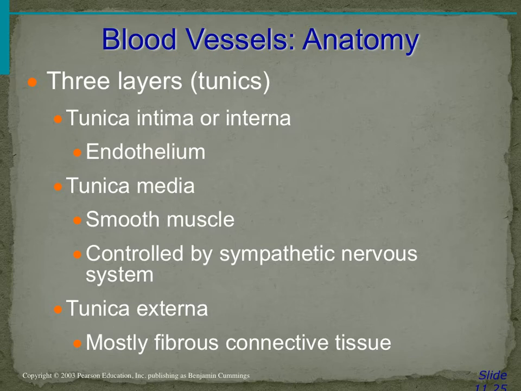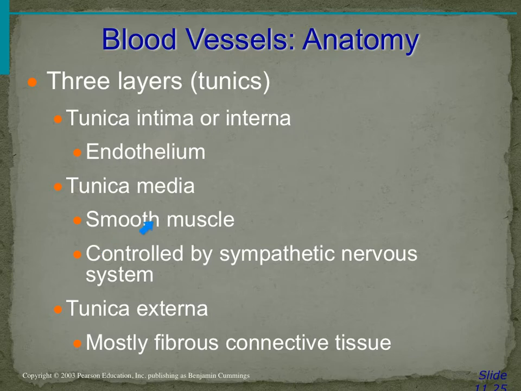So there are 3 layers or tunics in the blood vessels. And again, this is just so you've seen it and heard it. I won't be asking about this later. So the tunica interna is the endothelium, the inside layer.